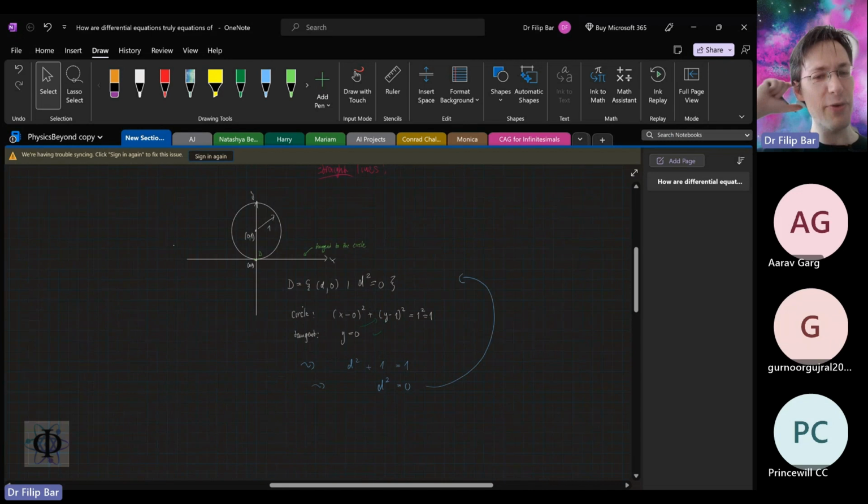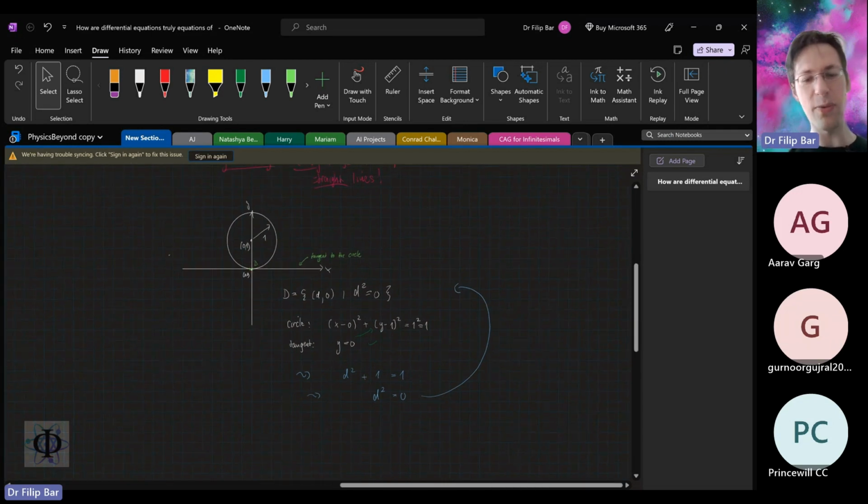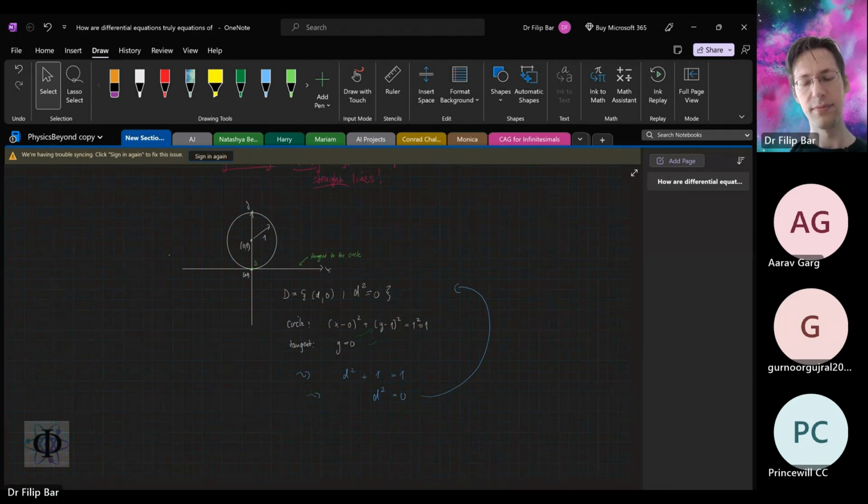But if I do that, then I realize I'm having a bit of a problem. Can someone see the problem? 0 squared is 0. It's only 0, right? But now I have to think more carefully. For which numbers is it true that the only thing that squares to 0 is 0?